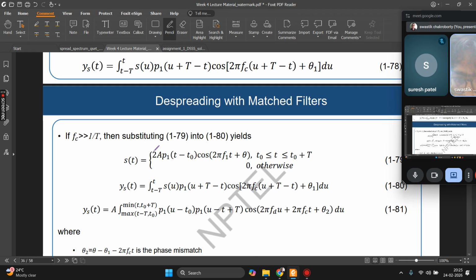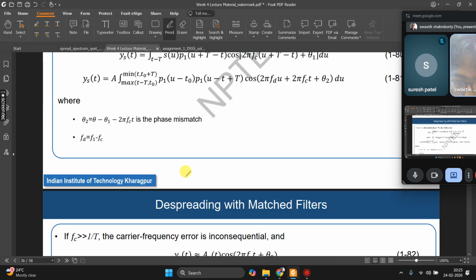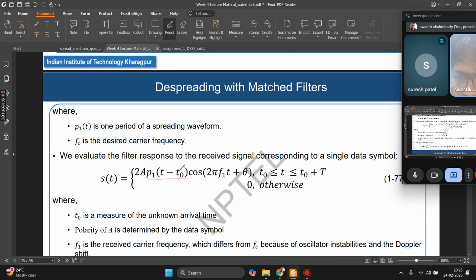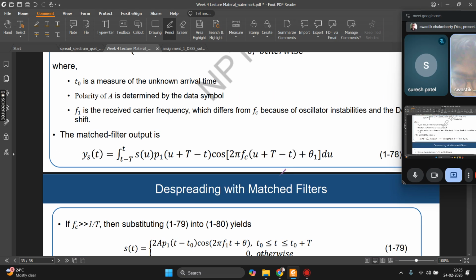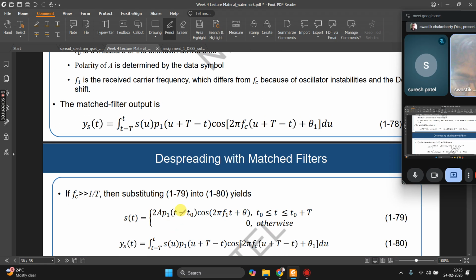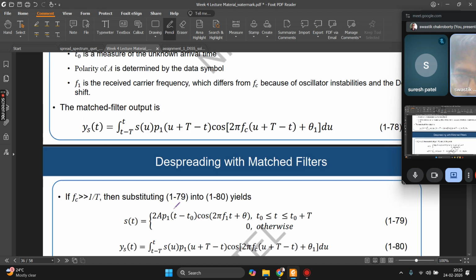The matched filter output requires some mathematics. You substitute s(t), which is already there, as 2A p1(t minus t0).